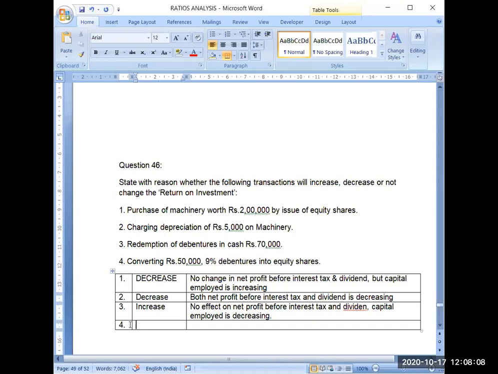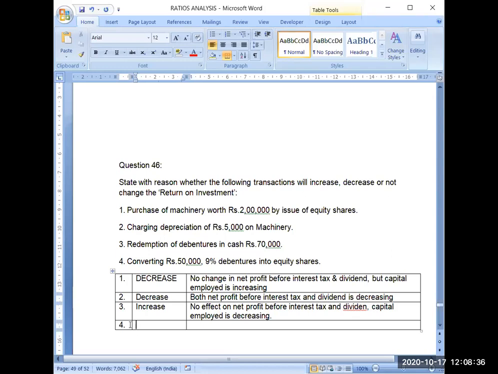So ultimately your capital employed will remain the same. The denominator will remain the same, and there will be no effect on profits.